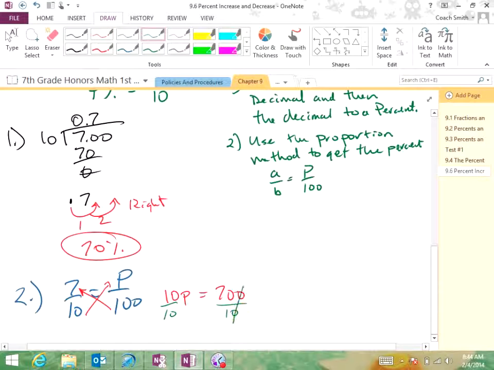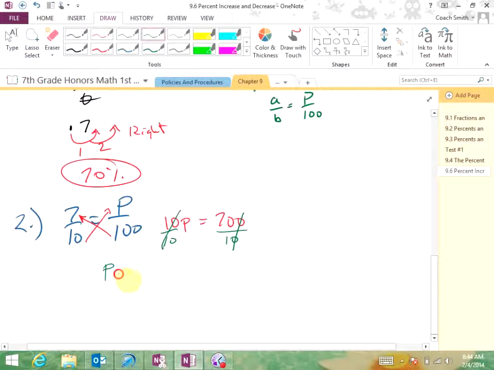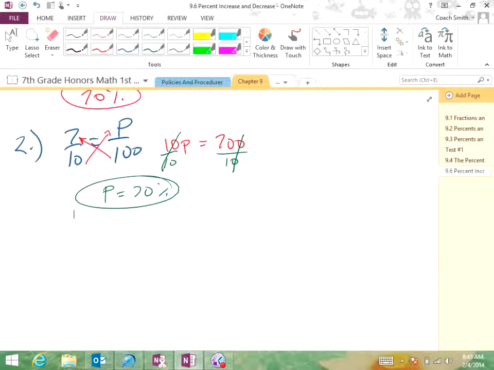The 10s cancel, leaving me with P is equal to 70%. Okay, so those are the 2 different ways that you can come up with the total once you've gotten the amount of change.